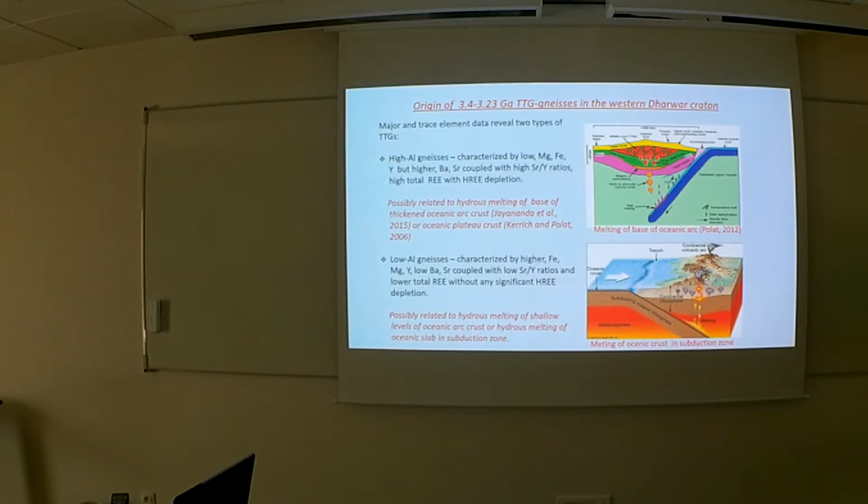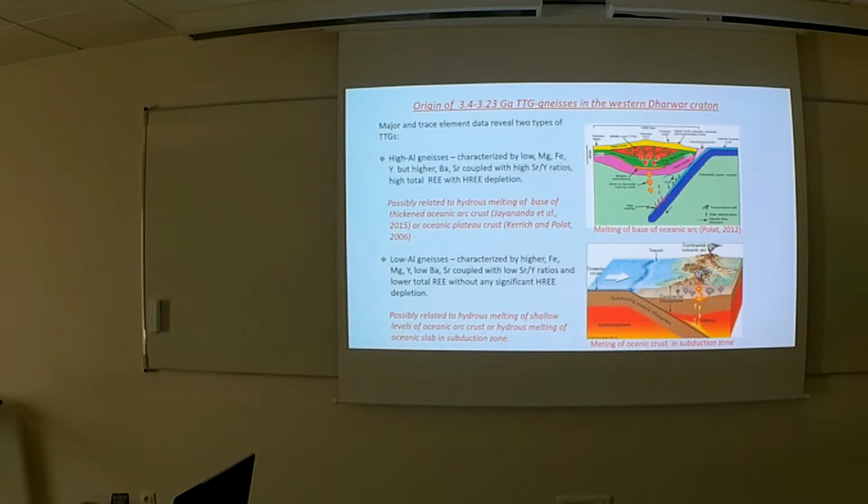These characteristics we interpret in terms of melting at the deeper part of the arc crust. This is our model. Alternatively, it could also be the lower part of an oceanic plateau crust. But we prefer the lower part of the arc crust to explain this, because these ratios indicate that garnet remained in the residue.